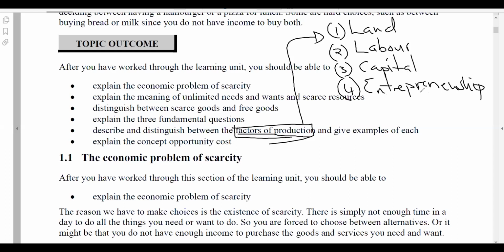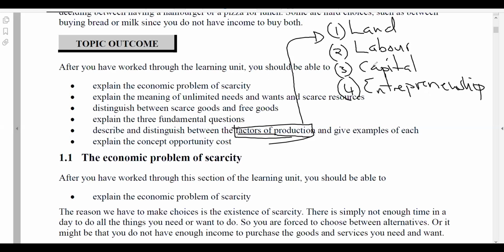We are looking at the capacity of humans to combine, or the mental skills or the vision that individuals can have, so that they can combine land, labor and capital to produce goods or services.